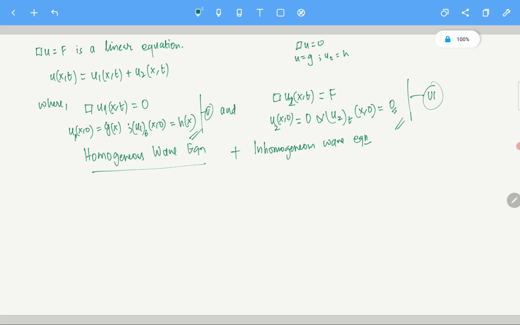So let me denote it like this: W, for wave, because of the wave equation, W^F of x, t, s.